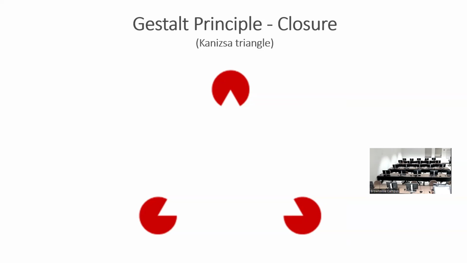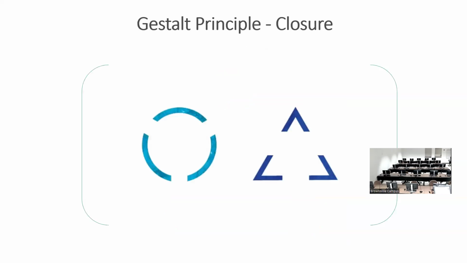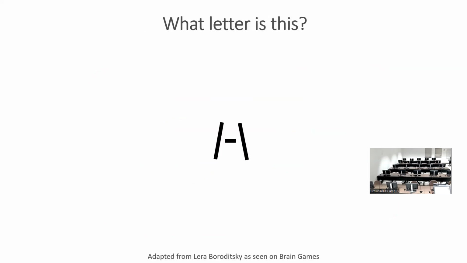We just see three Pac-Mans. Again, that's part of visual perception. If I tell you what you see, you will say, I see a triangle and a circle, although they are not complete, but our brain completes them automatically.